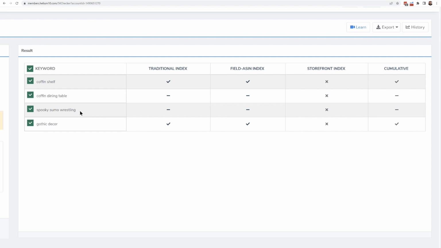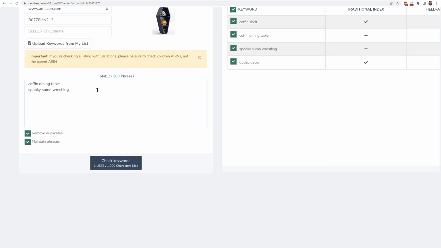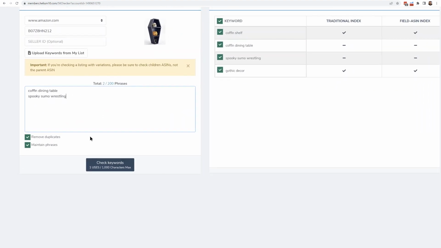So in this case, what I would do is copy those keywords that are not indexed, coffin dining table and spooky sumo wrestling, and paste them right back into the phrases section of Index Checker. Then I'm going to uncheck this maintain phrases checkbox. That means it's going to break up all of these phrases into individual keywords.